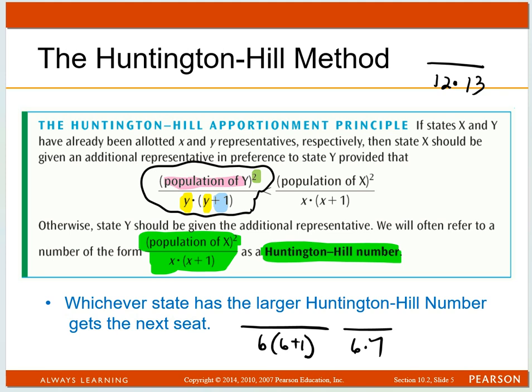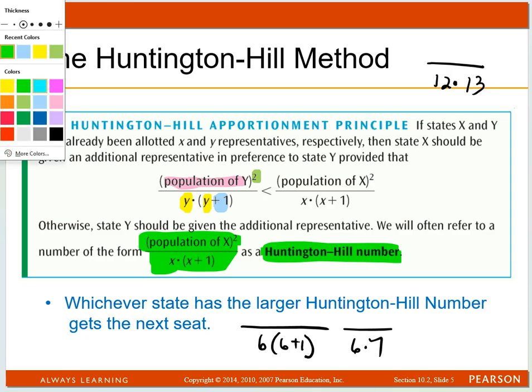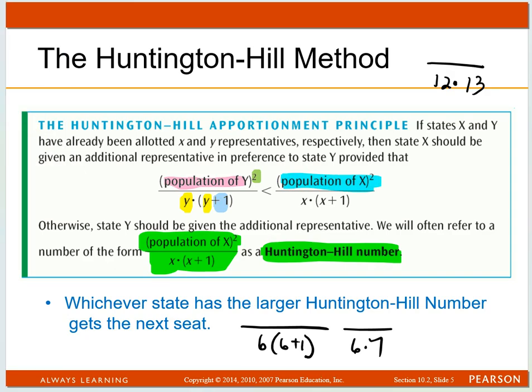Now, you have to do it for 2 different states. And let me erase this big circle thing. They take the population of one of their states, which they call Y, and they take the population of the other state, which they call X. Let's see, what color have I not used? This one. Population of X squared divided by little x times X plus 1.